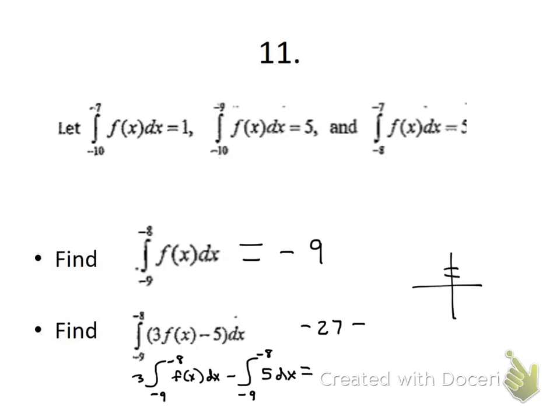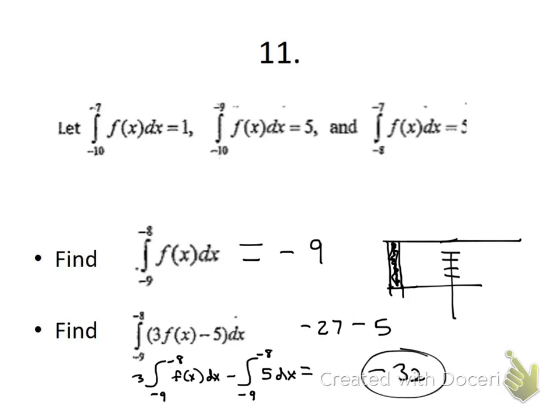A straight line going through 5. Gotta be careful. From negative 9 to negative 8, that's what this means. What's the area? Well, 1 times 5 is 5, so negative 5, which is negative 32.